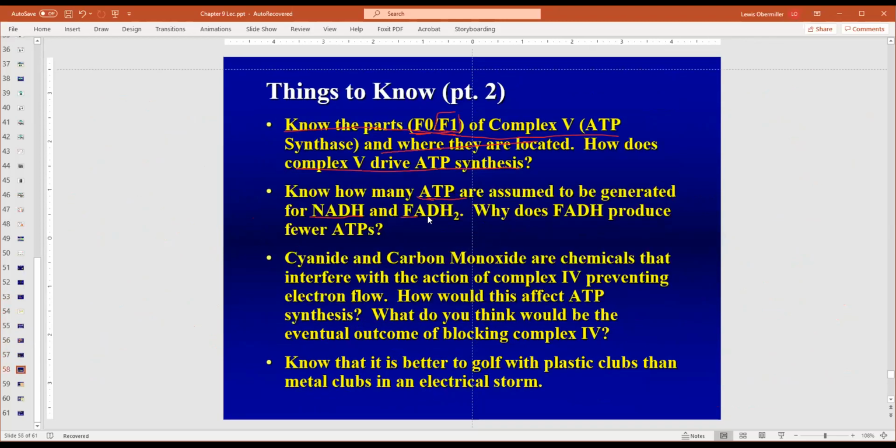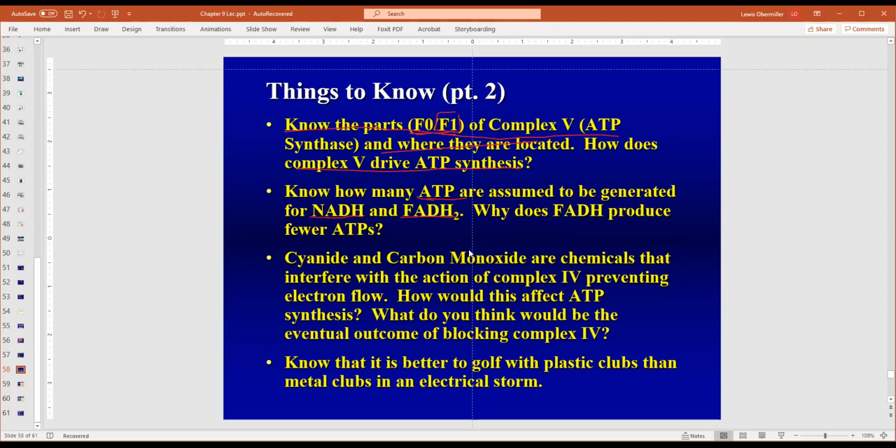Yeah. So what about FADH2? How many do we make per FADH2? 1? No. Remember, it goes through complex 3 and 4, pumps 2 protons for each one. Every 2 protons gives us 1 ATP. So how many protons? I mean, how many ATPs? 4?